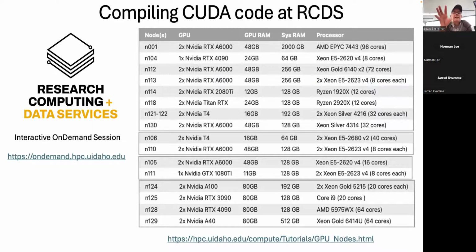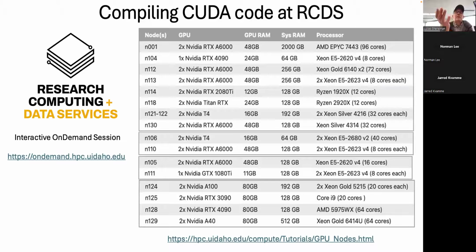If you need access to resources to develop and compile and run CUDA code, we've got tons of GPUs at RCDS that you can have access to. Just make sure that you reach out to me. You can schedule your CUDA jobs across our GPU nodes pretty easily.